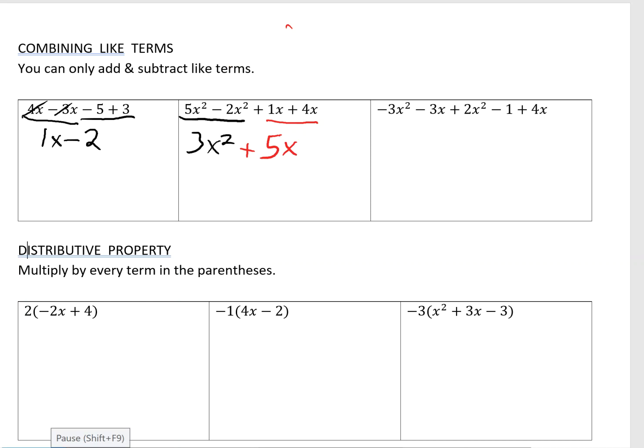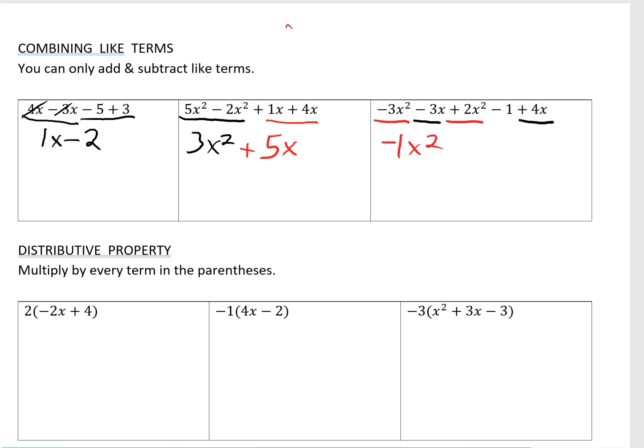Okay, so this one now, they won't always be in the right order. So you just have to look. So I have x squared here. That's not an x squared, but that is. So I'm going to combine those so the signs are different. So 3 minus 2 is 1, and there are more negatives. And then I can combine my x's.